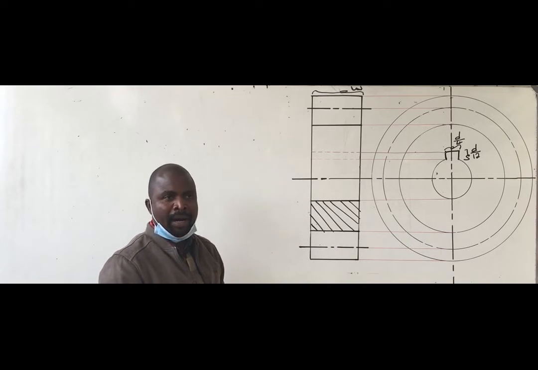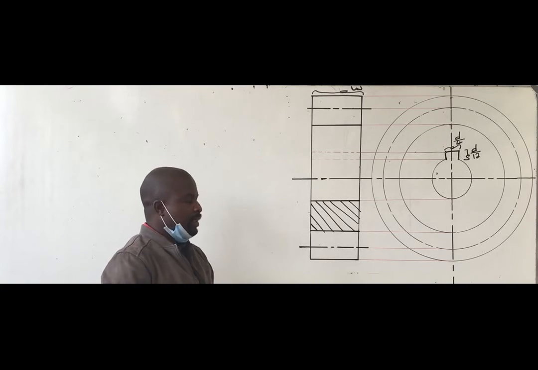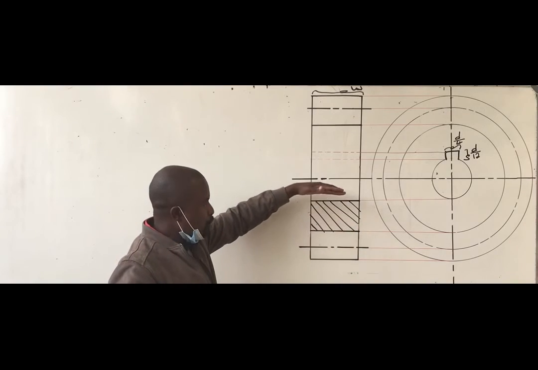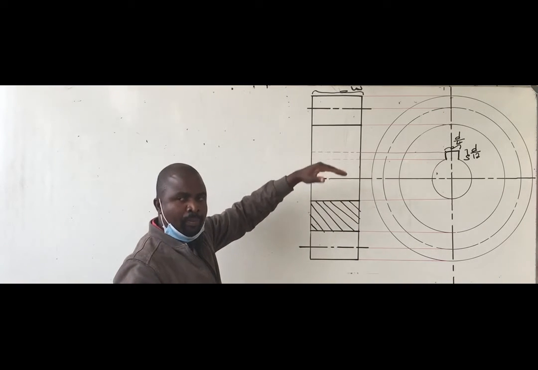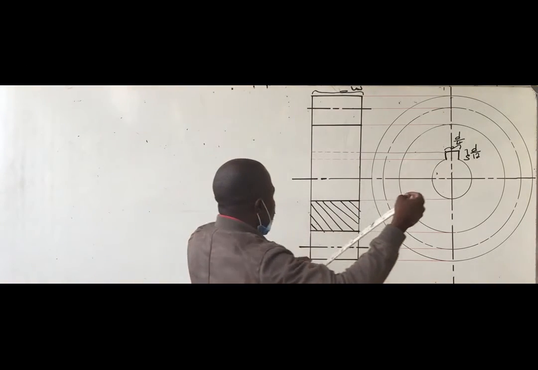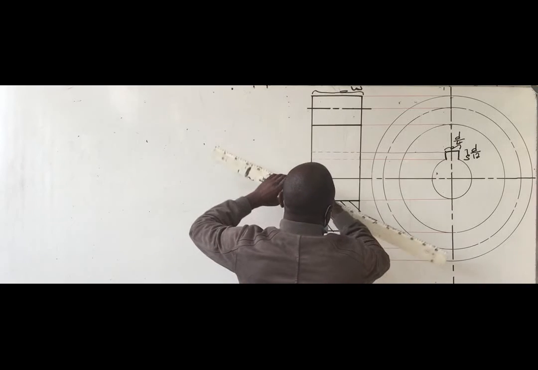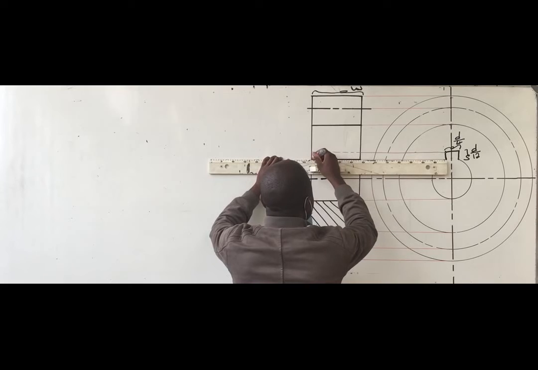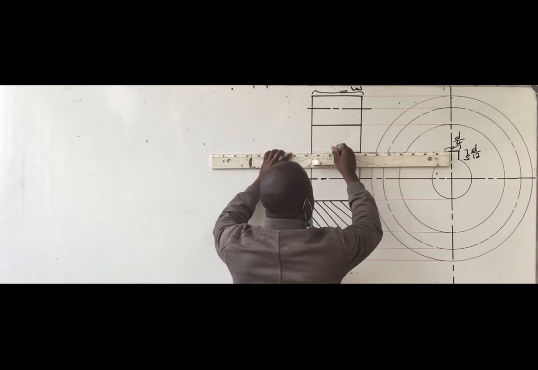But if they want full sectional, it means you section on top and at the bottom. Meaning both at the bottom and at top must be solid, like this one. Now this one, also solid.